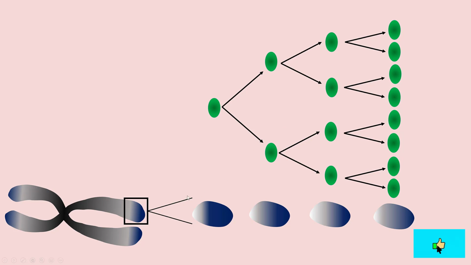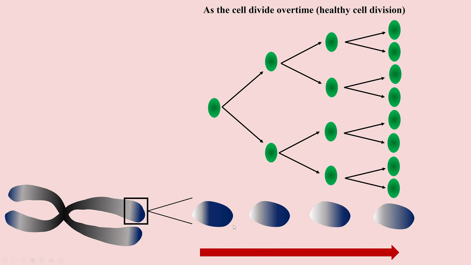So this extra padding is important so that even after many rounds of cell division, the ends have not shortened so much that the genetic information within an actual gene starts to get eroded away. If this happens, it is called replicative senescence. In some cells, an enzyme called telomerase regularly extends the telomeres.